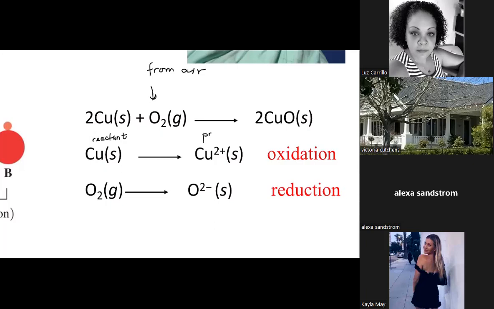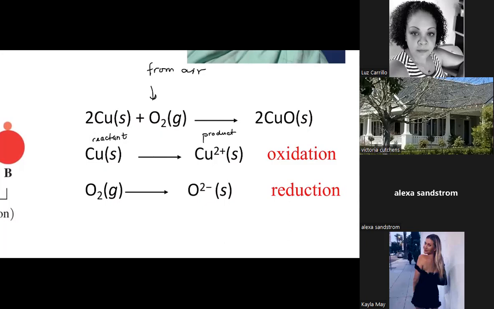In the product, we have copper turn into a cation. We learned earlier in chapter 6 that something that becomes a cation is because it's losing electrons. And as I just illustrated, if you lose electrons, you are undergoing oxidation. So once copper loses those electrons, some atom has to grab them.